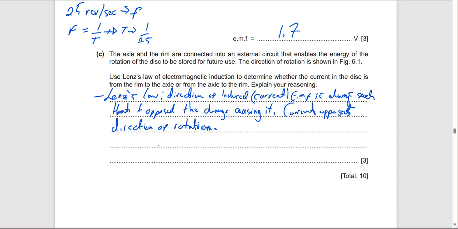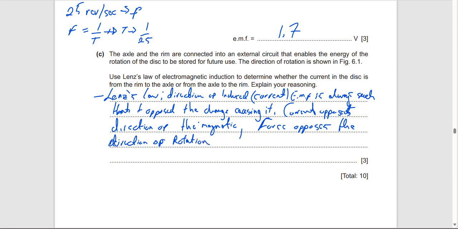And then what else? We know that it actually opposes direction of the magnetic field, right? And then we know that the force opposes the direction of rotation.